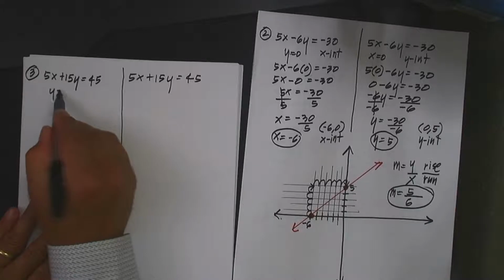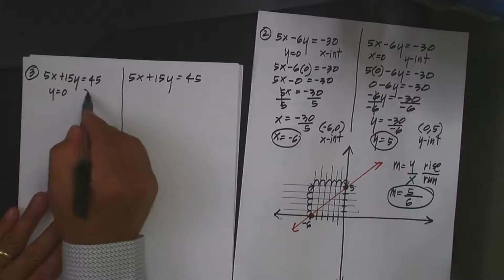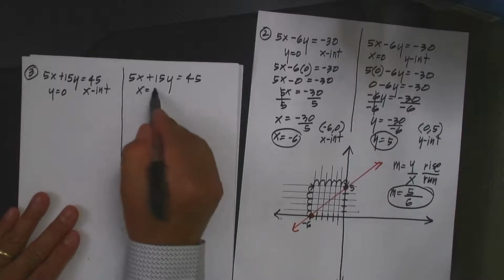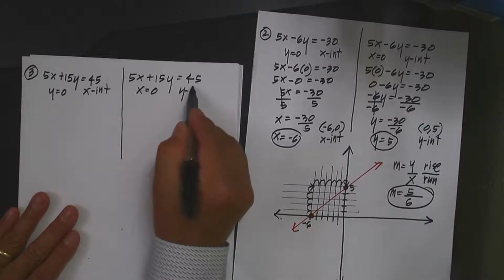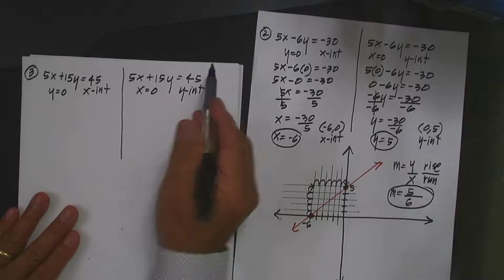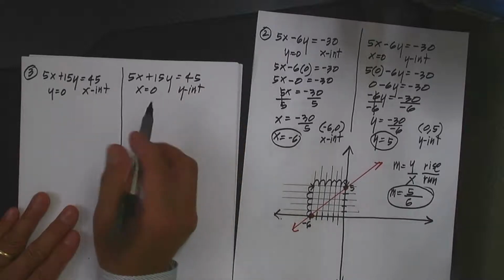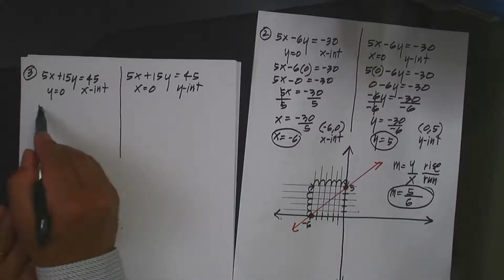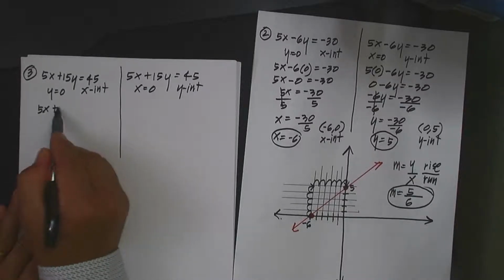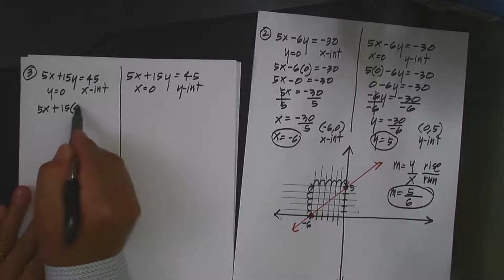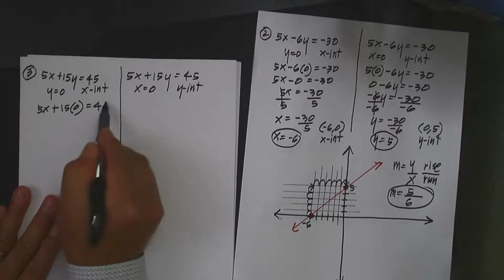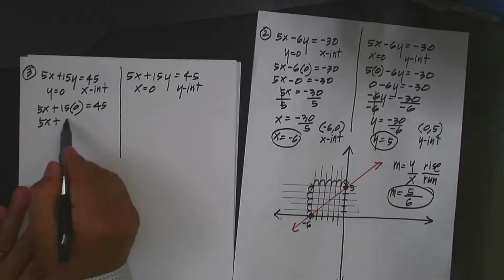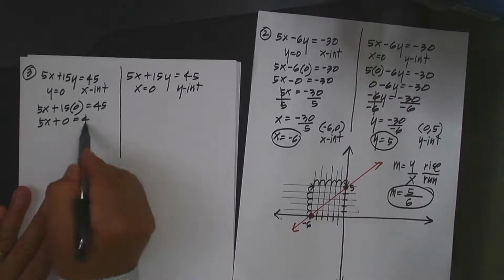Your y is equals to 0 so that you can find your x-intercept. Your x is equals to 0 so that you can find your y-intercept. Simple as that. Always copy and follow that procedure so that you don't get lost. Then substitute for the value of your y, which is 0, right? So 5x plus 15 times 0 is 0, is equals to 45.